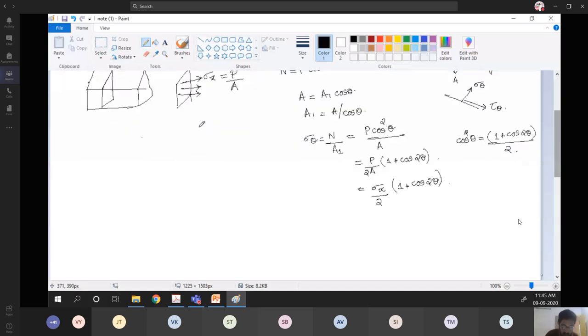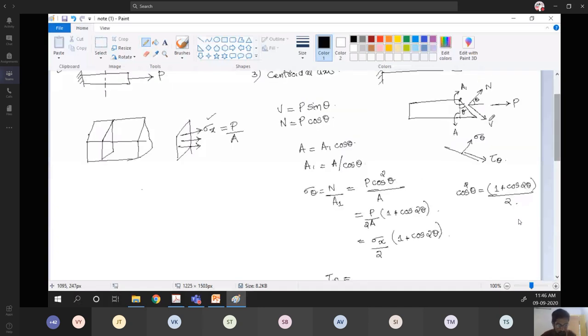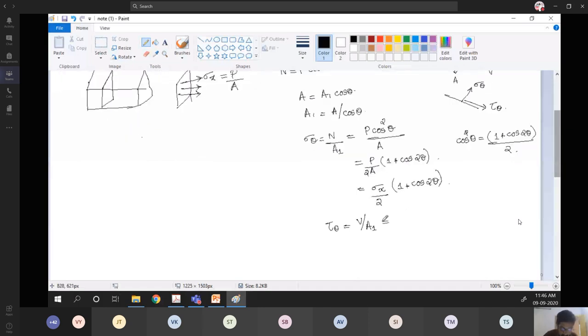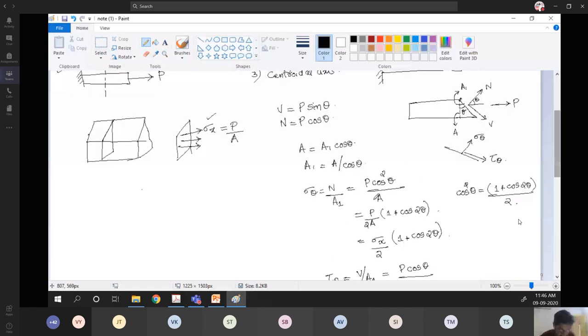Similarly, we can define the shear stress, tau theta. Tau theta will be the force along the inclined section, that is V, by the cross sectional area. And V is nothing but P cos theta by A1. A1 is A by cos theta. Sorry, this is sin theta, something is wrong.